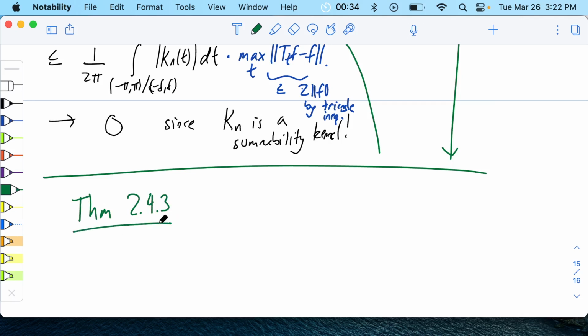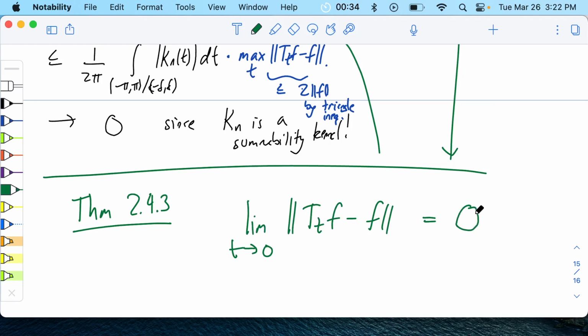This was when we just started Lebesgue integrals. The limit as t goes to 0 of the norm of tt of f minus f equals 0. So as t goes to 0, the shifted version of f gets closer and closer to the original function f.